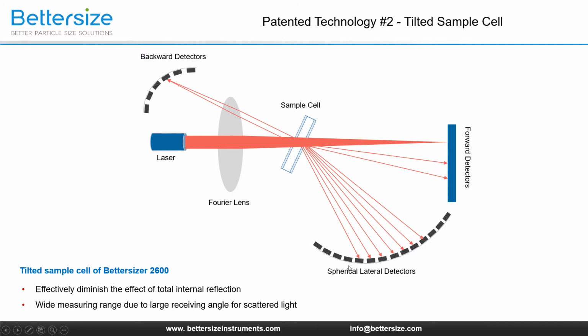Compared with the traditional approaches, such as adjusting the position of the detectors or laser source, the tilted sample cell technology is an innovation. This technology effectively diminishes the effect of TIR and it leads to a wide measuring range due to the large receiving angle of scatter light.